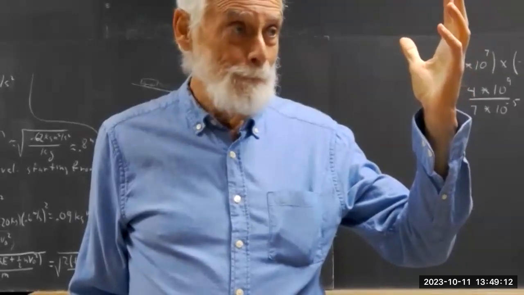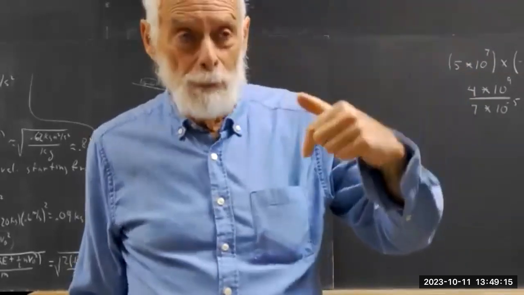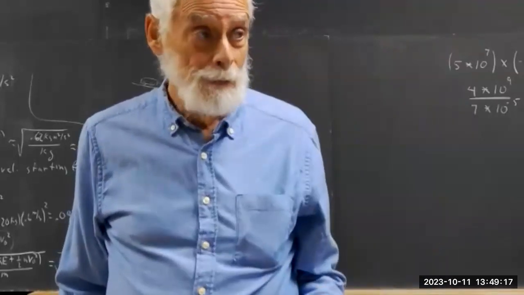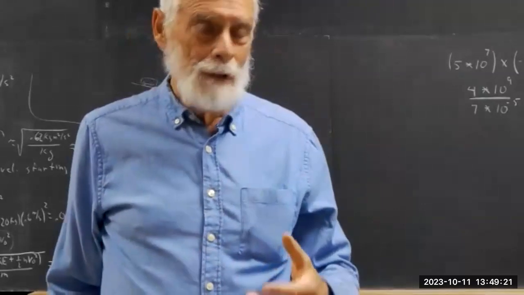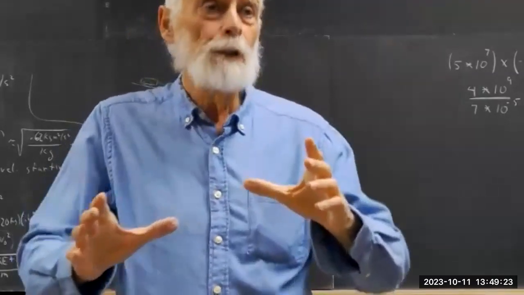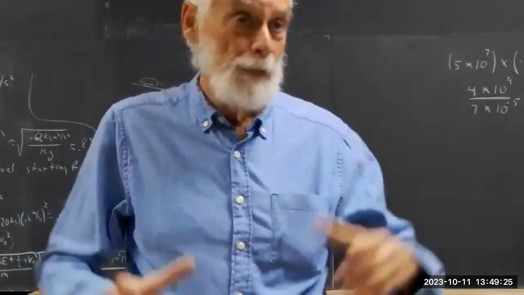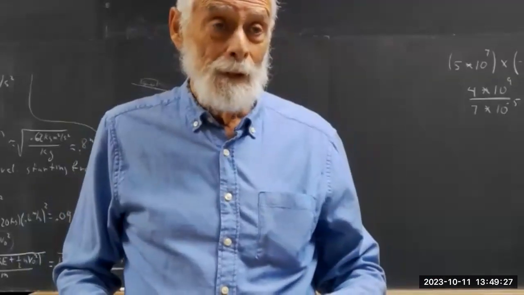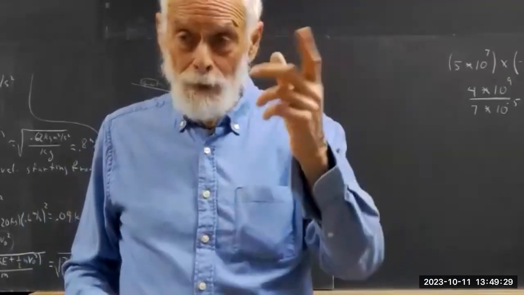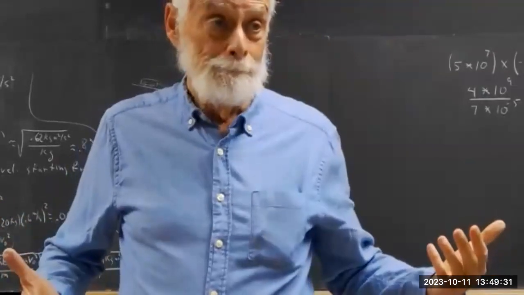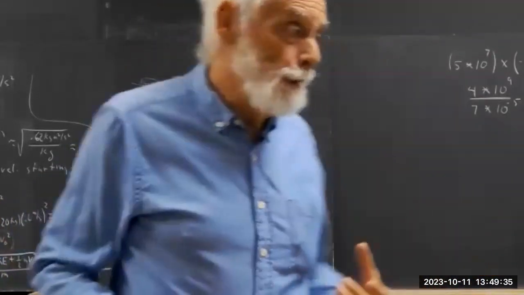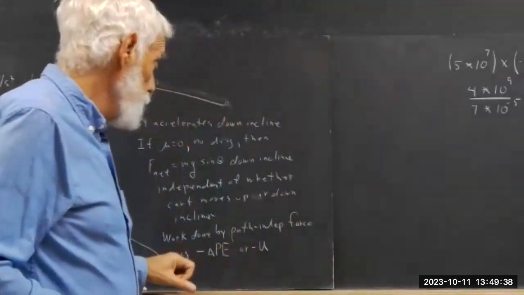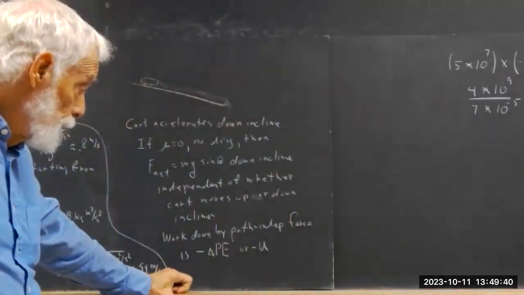When the force and displacement are in opposite directions, the work done by that force is negative. If you're pushing in the same direction you're moving, the work you do is positive, and that speeds things up. If they're opposite, that slows things down. Okay, so that's not too hard to get into your head. You get that idea into your head, it makes it easier to think about this stuff.